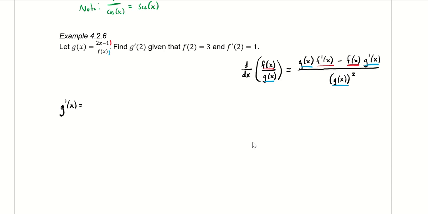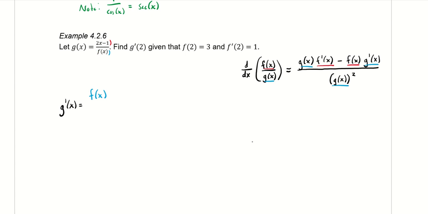So using the quotient rule, I'm going to take my denominator function, which is just f of x, times, sorry, I am using the right color, f of x. It's confusing because I've got it in g of x here and f of x, but my denominator function is just called f of x here.